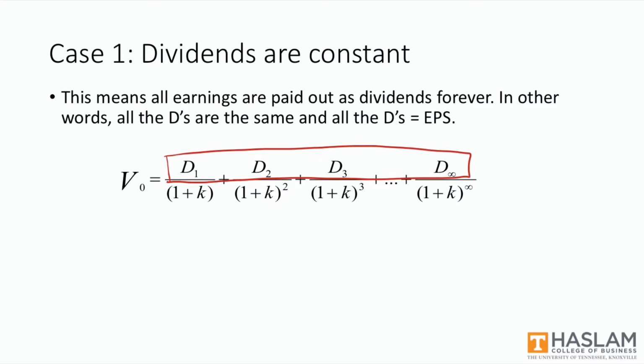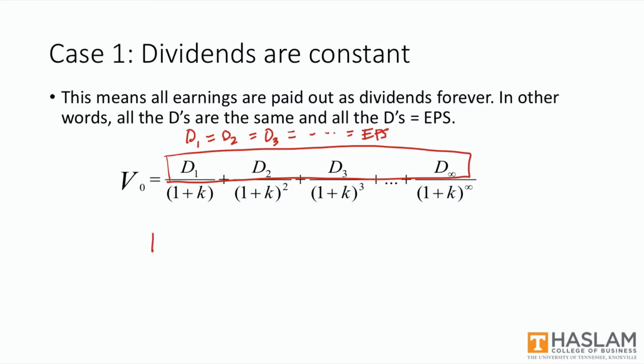So instead of individual values for each one of these dividends, we would just say dividend at time 1 is equal to dividend at time 2 is equal to dividend at time 3 equals so on, and all of that is equal to the firm's EPS.